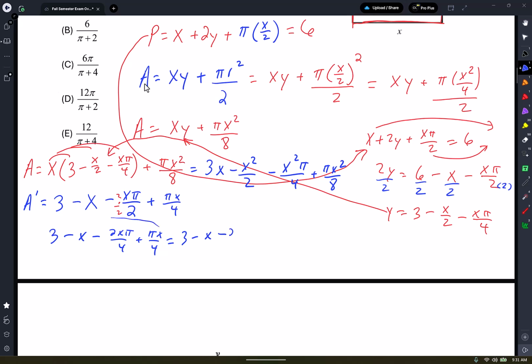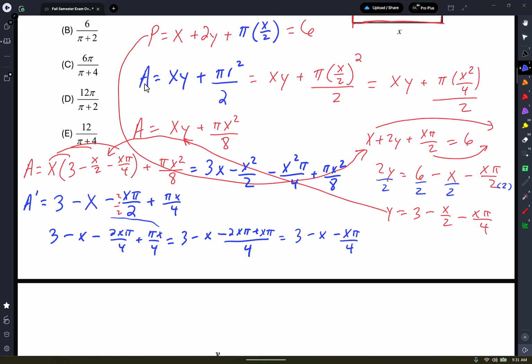So I'm going to put the minus 2x pi plus pi x over 4. It's the same thing here, so I'll put x pi instead. Negative 2x pi plus x pi. What's that? Negative x pi. 3 minus x minus x pi over 4.